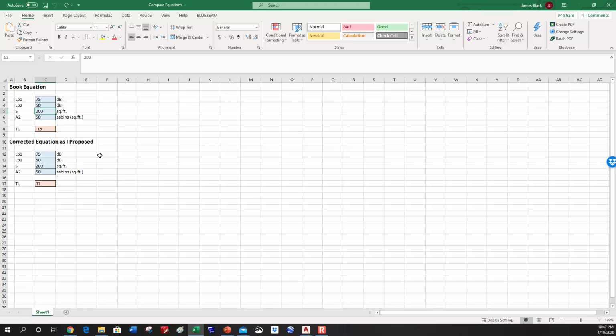But our receiving room sound pressure level is the same. So our transmission loss should be going up then, because we're increasing the sound going through, but what we're experiencing isn't changing. So let's try that. 400, this goes to negative 16. So in absolute terms, it's actually getting smaller. And here it goes up to 34. That makes more sense by that reasoning I just gave.